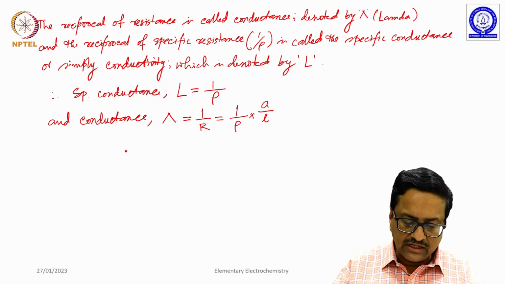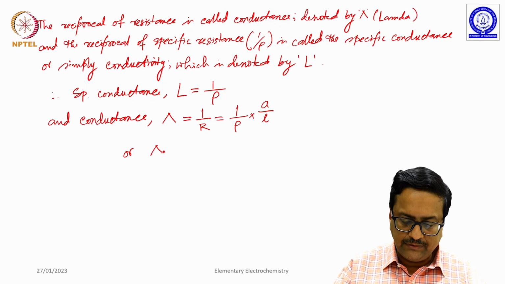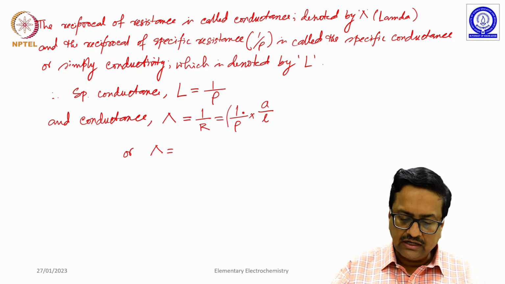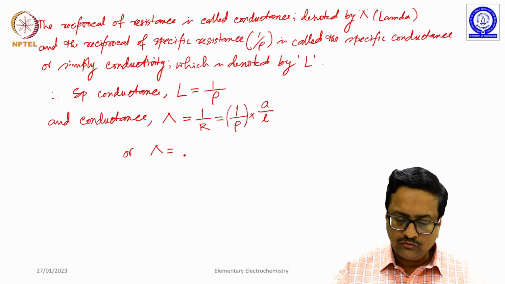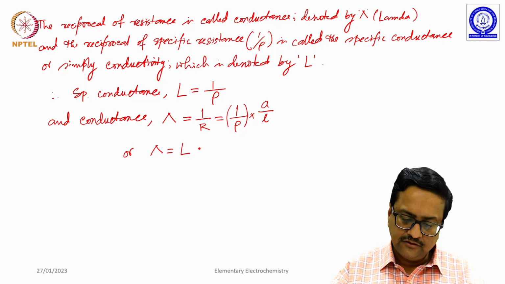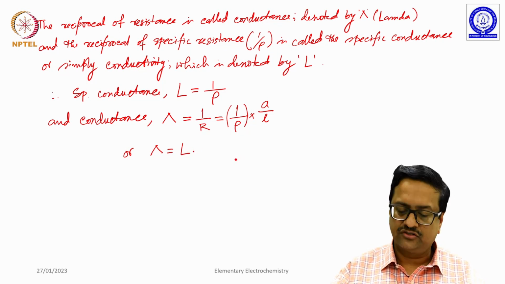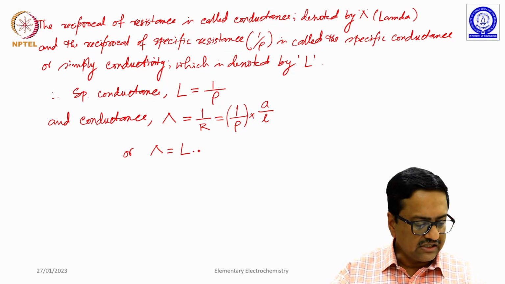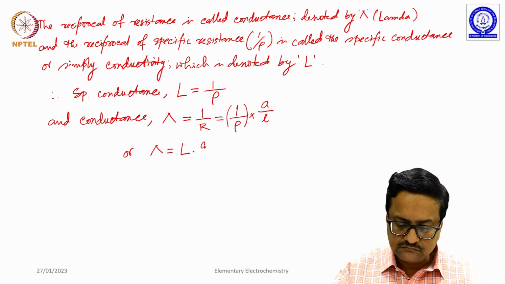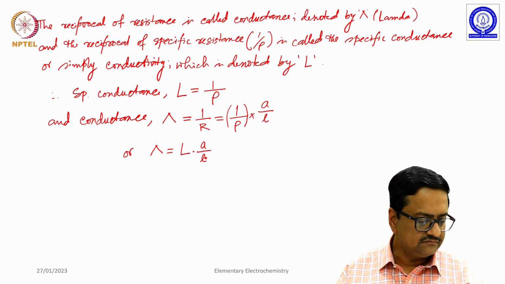One can replace 1 by rho by capital L, the conductivity or specific conductance, so lambda equals L multiplied by A by l.